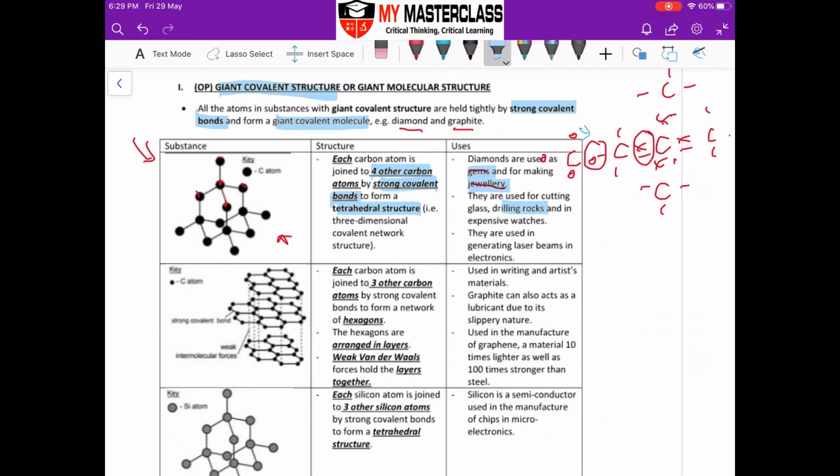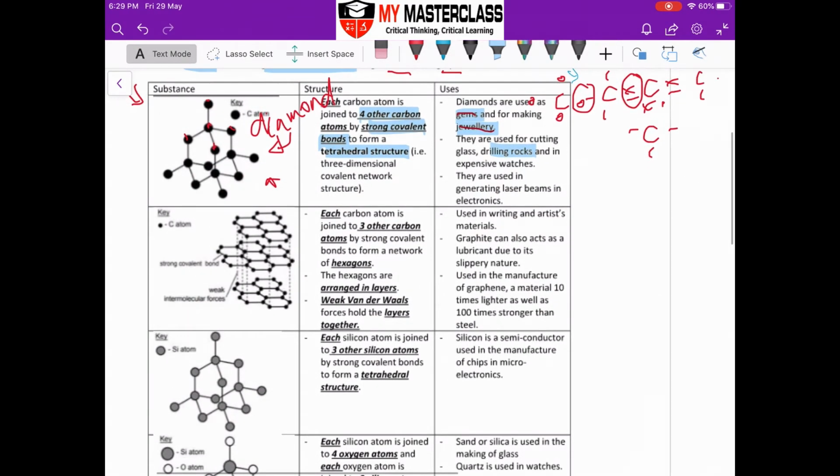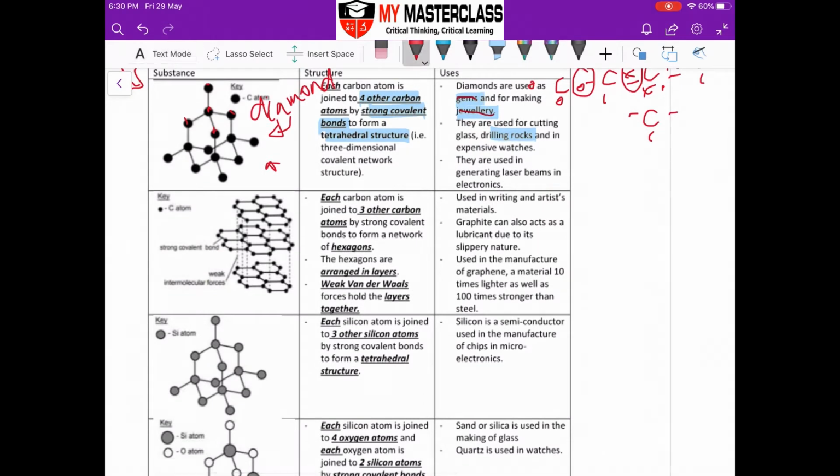So this structure over here is diamond. Diamond has this kind of arrangement of carbon atoms. The next structure that we are going to see, which is also made of carbon atoms, is this structure over here.